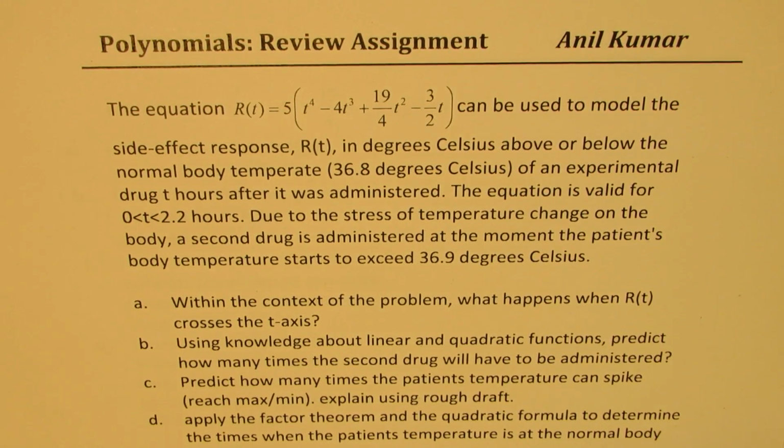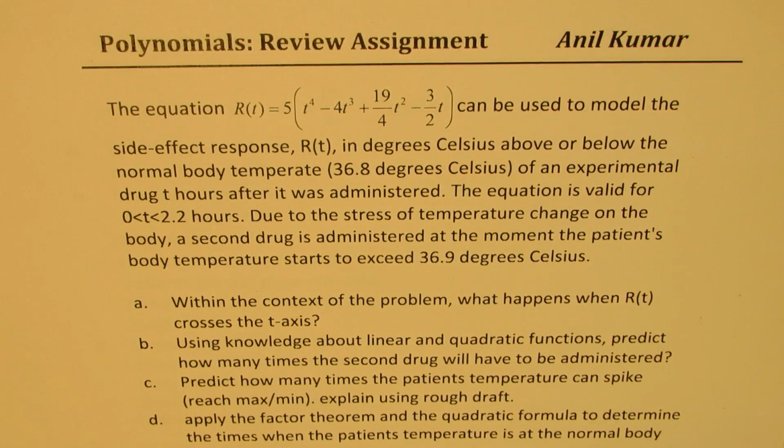The equation is valid for t greater than 0 and less than 2.2 hours. Due to the stress of temperature change on the body, a second drug is administered at the moment the patient's body temperature starts to exceed 36.9 degrees Celsius.